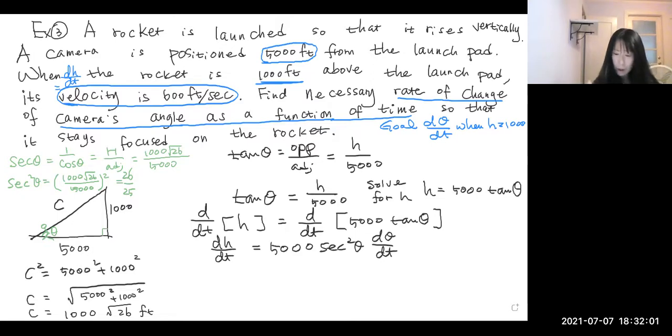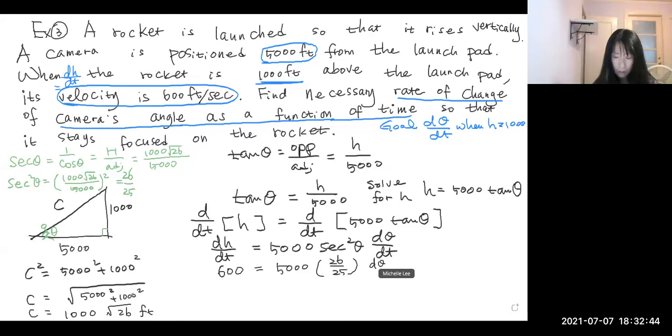So our goal is d theta over dt. So look, dh over dt, which is 600 feet per second, right? So we have that. And then secant squared of theta, we have that.